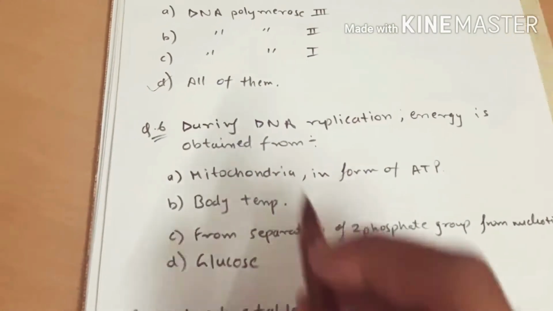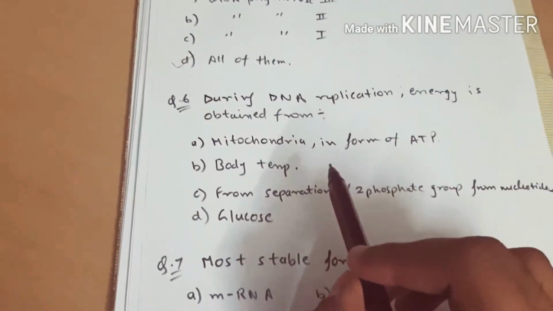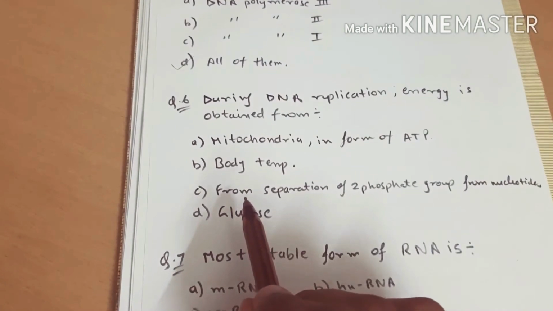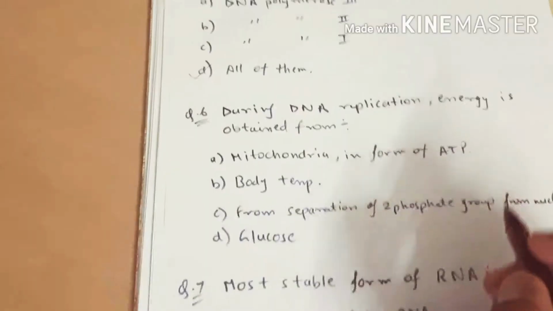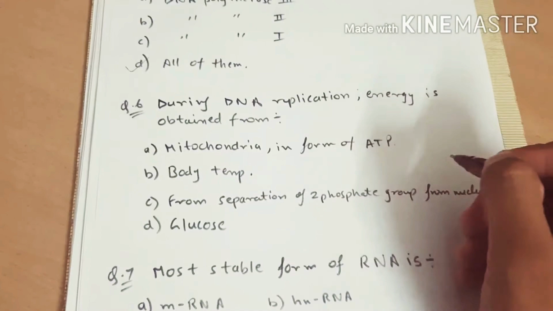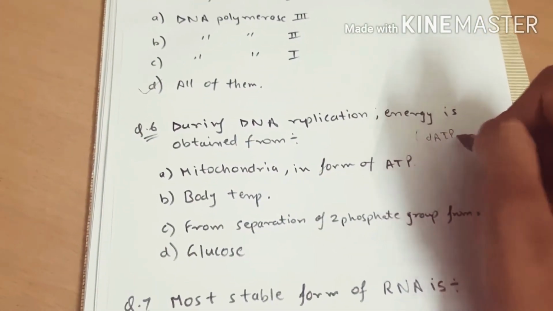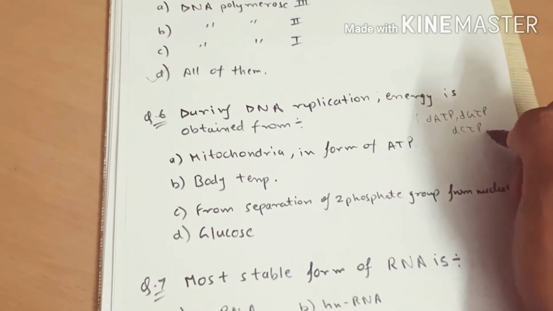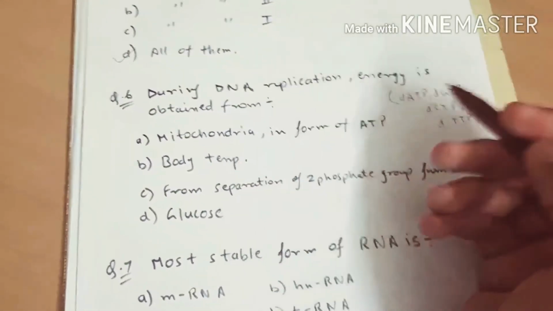Now question number 6. During DNA replication, energy is obtained from. Options are mitochondria in form of ATP, body temperature, from separation of 2 phosphate groups from nucleotide, or option D, glucose. Since during DNA replication, the phosphate moiety comes from the nucleotides, which are dATP, dGTP, dCTP and dTTP, which are present in the nucleoplasm.